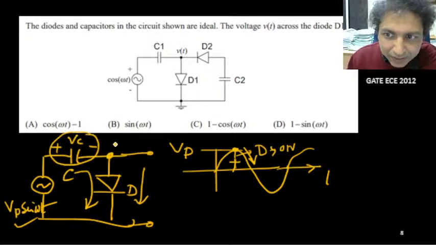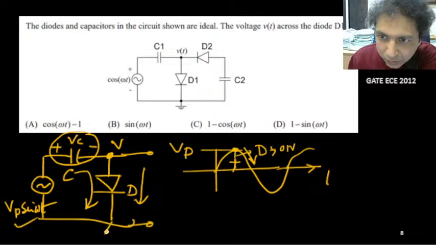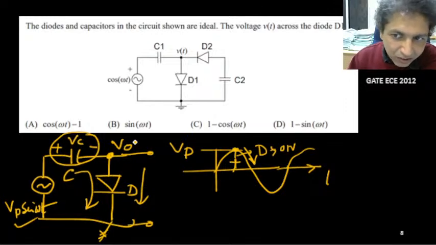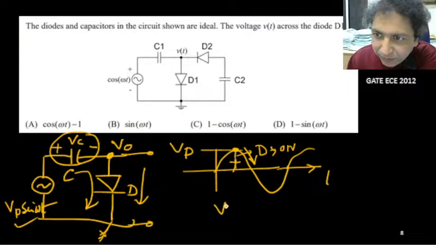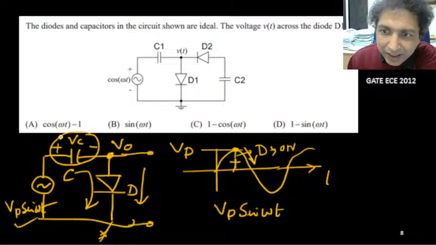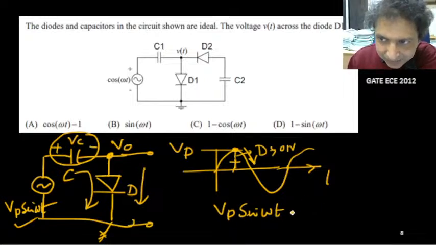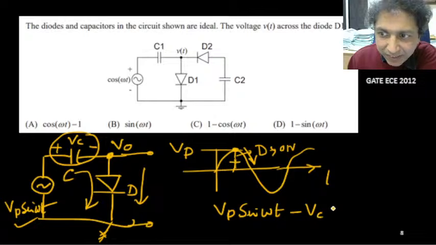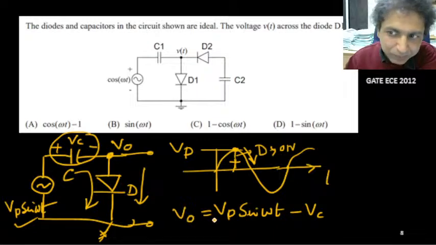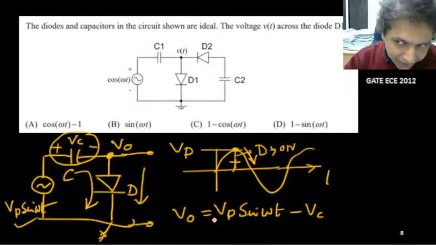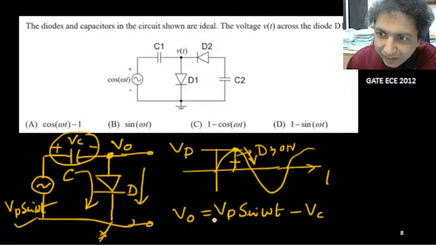So this potential here compared to this one, if I call it V naught, suppose, so input voltage is Vp sin omega t, and this Vc(t) will be subtracted, and that is the available voltage across the diode, right? And Vc is nothing but Vp.